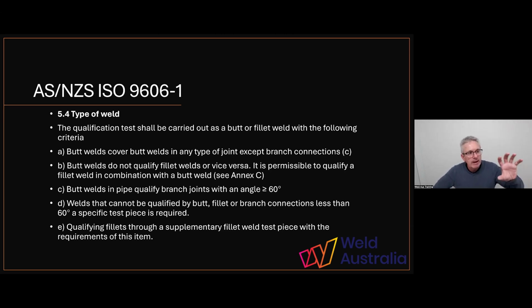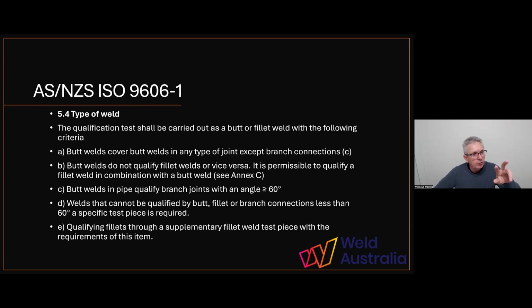Let's say, for instance, Aaron, you've done a butt joint. Now, let's say you've got a multi-process going on here, right? So you've got, say, manual metal arc, and you've got, say, solid wire. And you've got those two processes in a butt joint. So you've used one for the root, and then the rest is cap and fill. If you then do a supplementary fillet weld with each process single layer, you'll automatically be covered for a multi-layer.